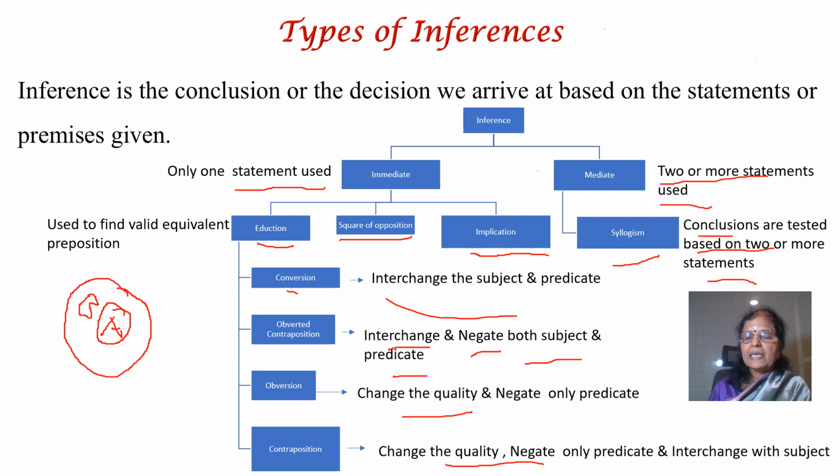What is negation? Negation is not. So if your subject is A, how will you negate it? Non-A. If your subject is books, how will you negate it? Non-books. See, all books are notebooks. How will you negate it?